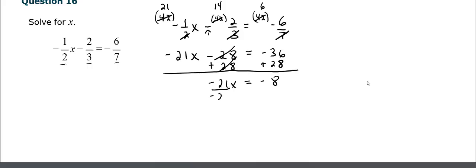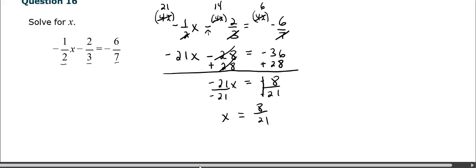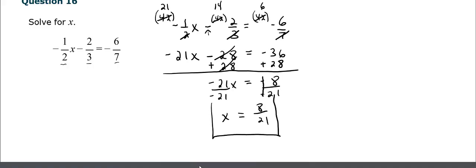I'm going to divide by my coefficient, negative 21. Remember, a negative over a negative is a positive, so that gives me 8/21. And I would reduce if I could, but there's no common factor of 8 and 21. So my answer is going to be x equals 8/21.